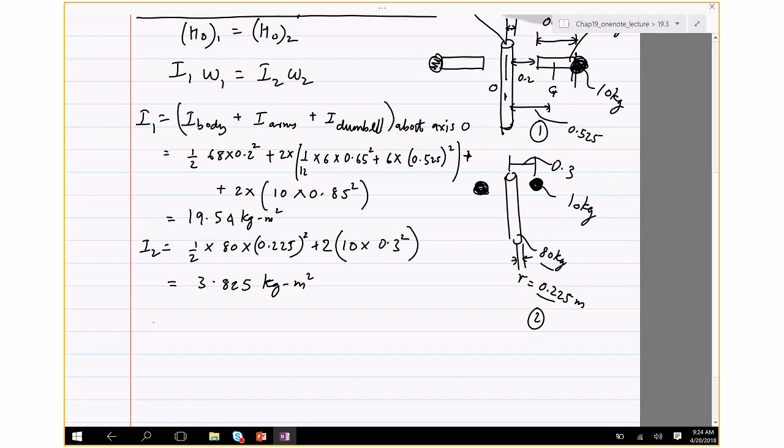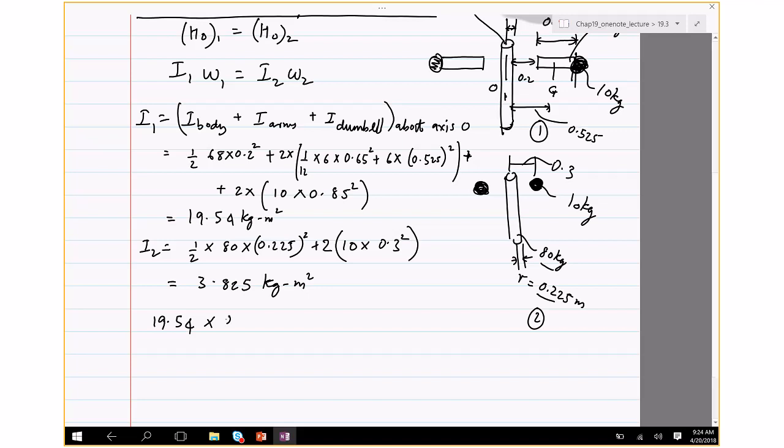Okay, so you're all set to solve this. So I1 omega 1, so I1, 19.54 times omega 1. Now, angular speed is given in terms of revolutions per second. I'll just write the answer in revolutions per second, but you can convert to radians per second if you want to by multiplying it with what? 2 pi, right?